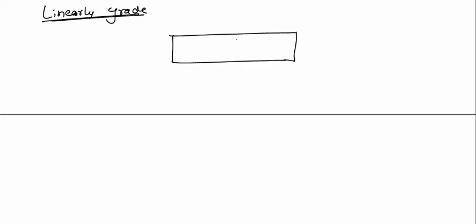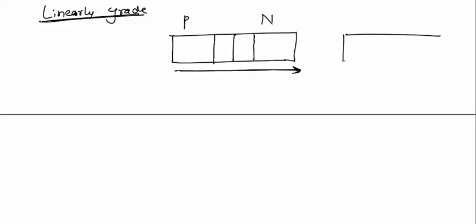Now linearly graded diode. In a linearly graded diode, the doping in the diode varies linearly as we move from one side to the other side, and in a step graded PN junction there is a sharp change in doping because this region was highly doped and this region was lightly doped.